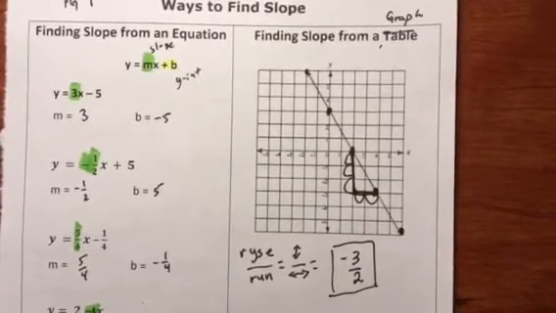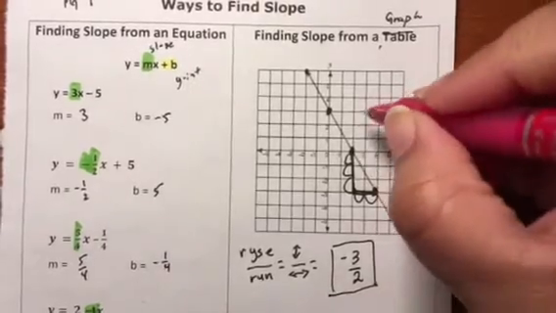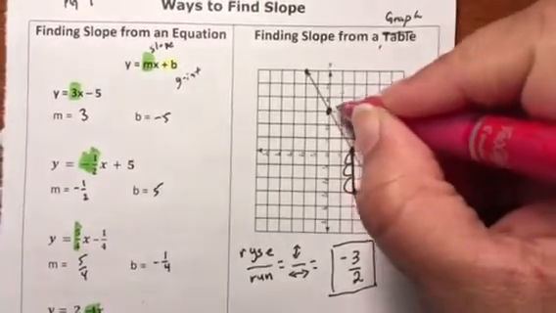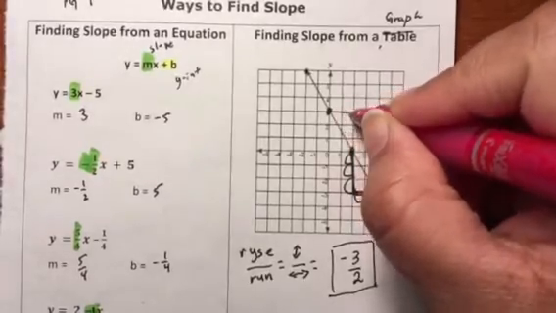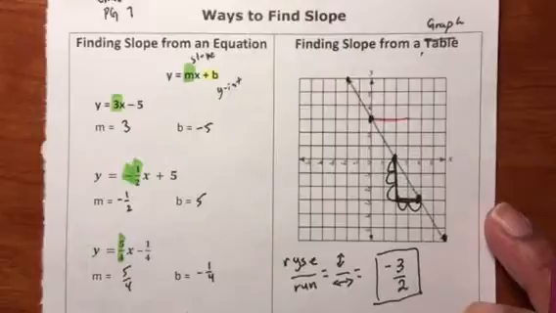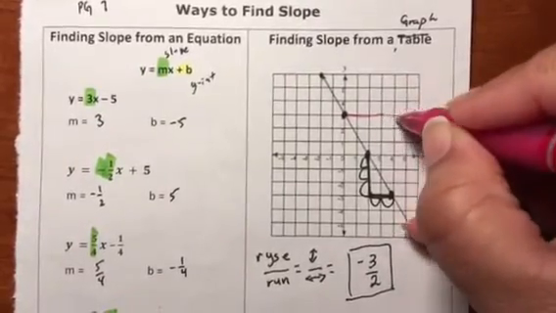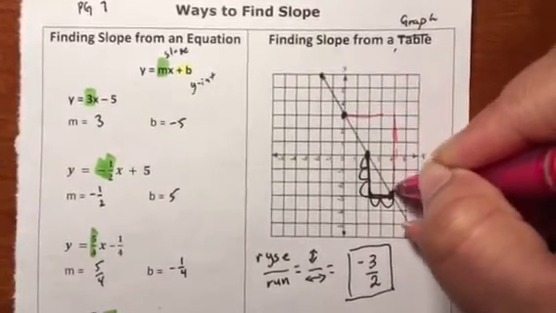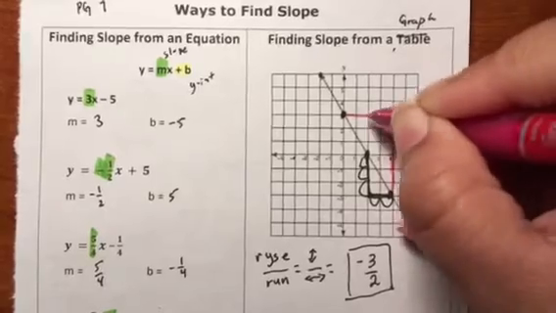Now I want to show you, you don't necessarily have to write this one, but you can. I want to show you that if you picked 2 different points, you'd still get the same answer. So making sure these 2 points meet.